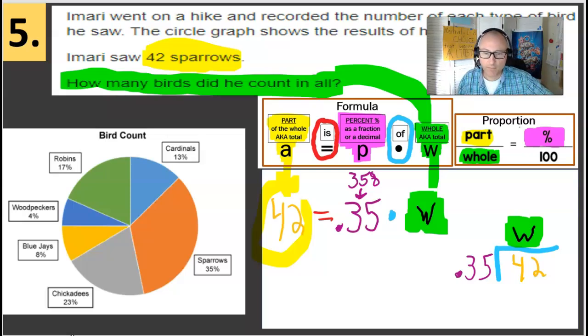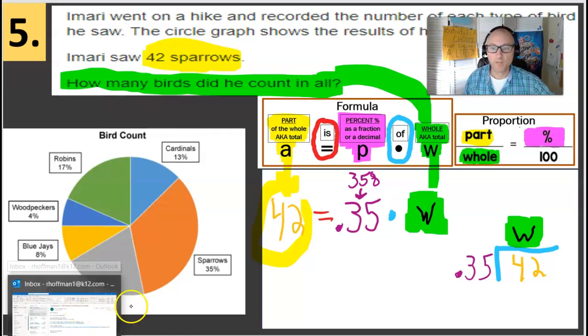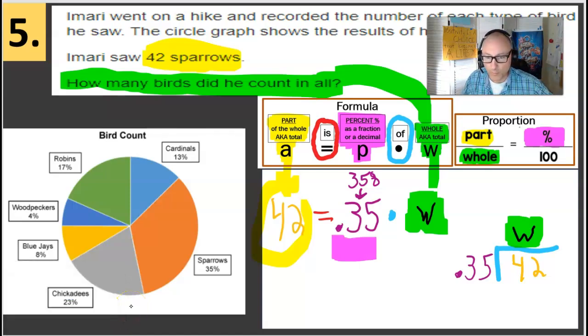So we're saying here 42 equals 0.35. Remember to change it to the decimal version. So we're saying 0.35 times something gives us 42. I rewrote it over here as a division problem: 0.35 times something equals 42.